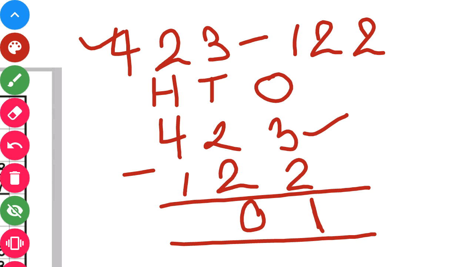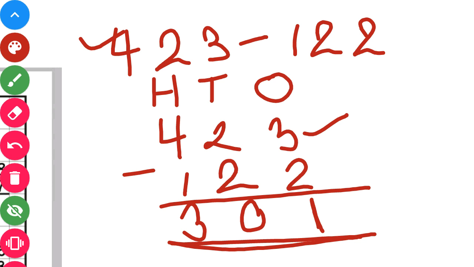Now which number is there at the hundreds place? 4. Now 4 minus 1 we will get 3. So our answer will be 301.